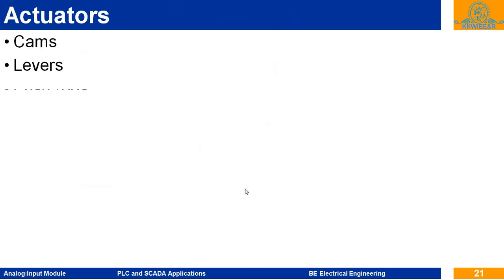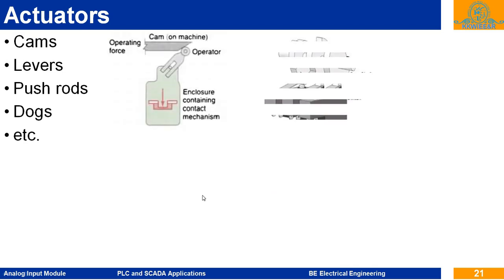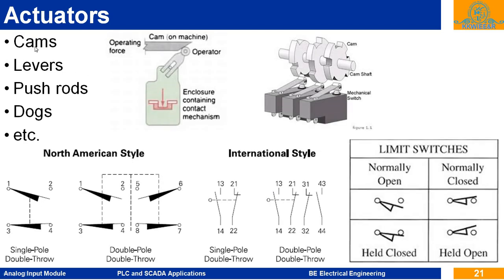Now how is this limit switch operated? It is operated by cam, levers, push rod or dogs. This is a cam. This limit switch is fixed, and this cam, being on a moving part, will operate this actuator.